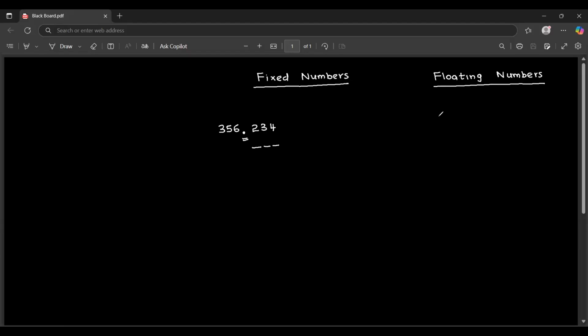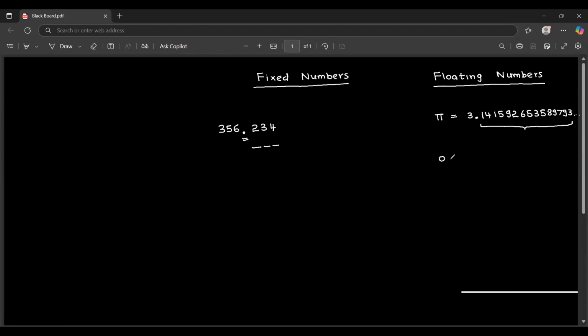If you're thinking about pi, we know pi is equal to 3.14159265358979 and so on. It goes on. So this is a floating number. Why? The number of digits after the decimal point is not fixed.